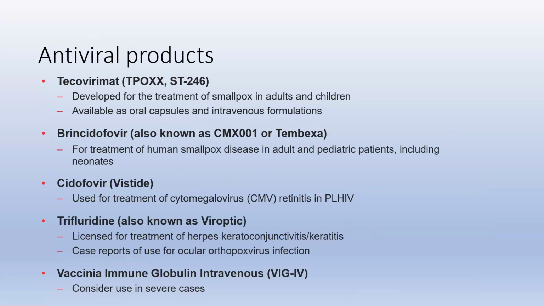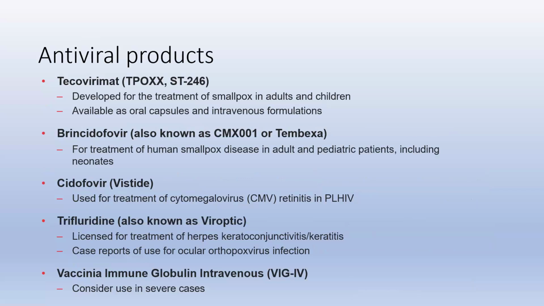The first one is tecovirimat, which, you remember, acts just after viral replication when it's being packaged before it's released. So it inhibits that phase. And it was developed for the treatment of smallpox in adults and children.